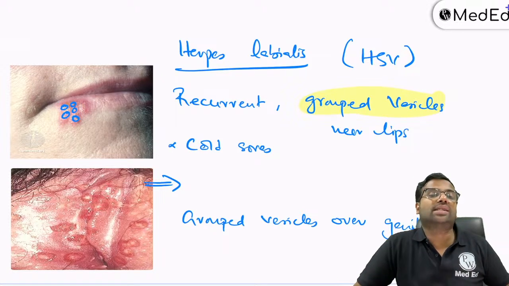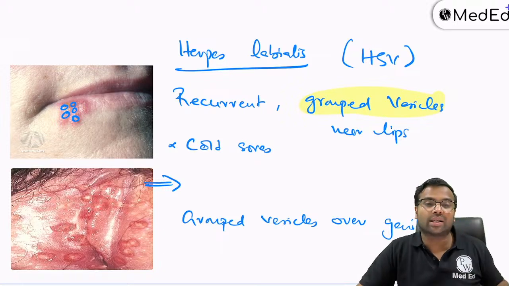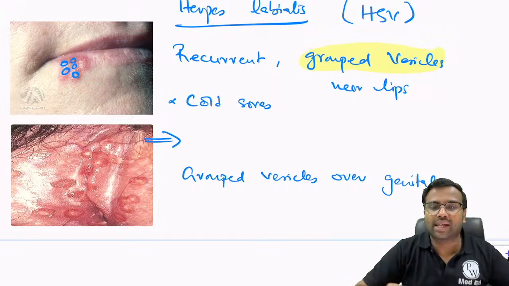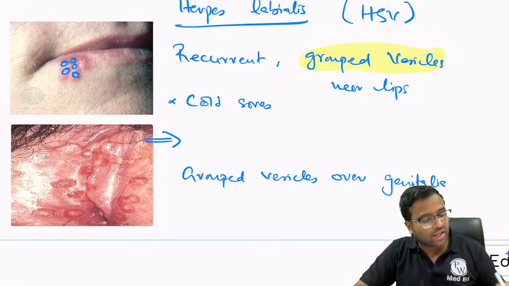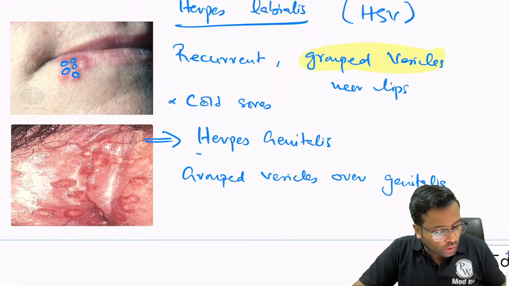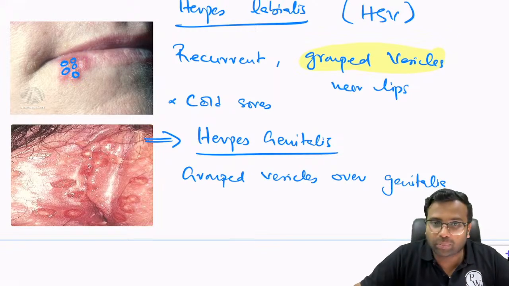So what is this sexually transmitted infection where we can see grouped vesicles over the genitalia? Again, when you see a group of vesicles together, think about the same virus, herpes simplex virus. So this is called herpes genitalis, also caused by herpes simplex virus.